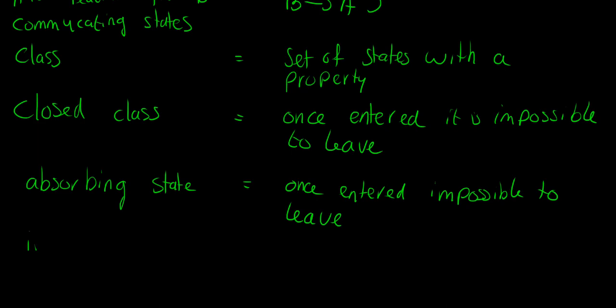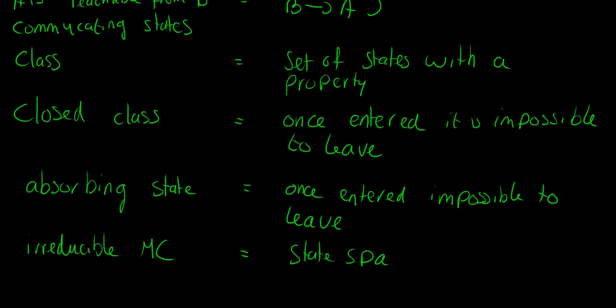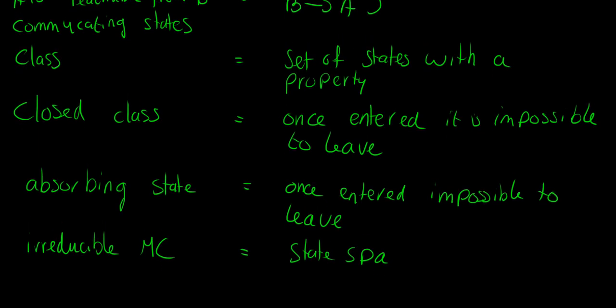Then, as I mentioned before in the video, we have an irreducible Markov chain, which just says that our state space S is the communicating class.